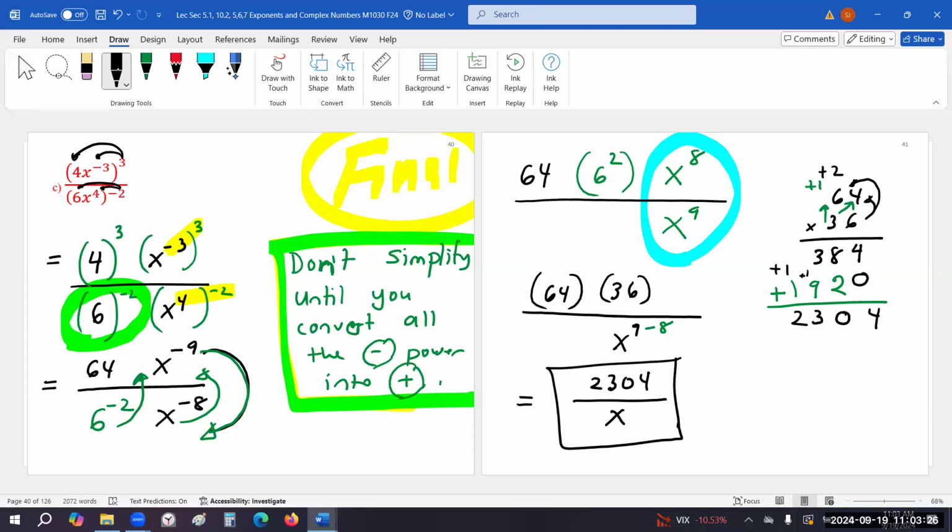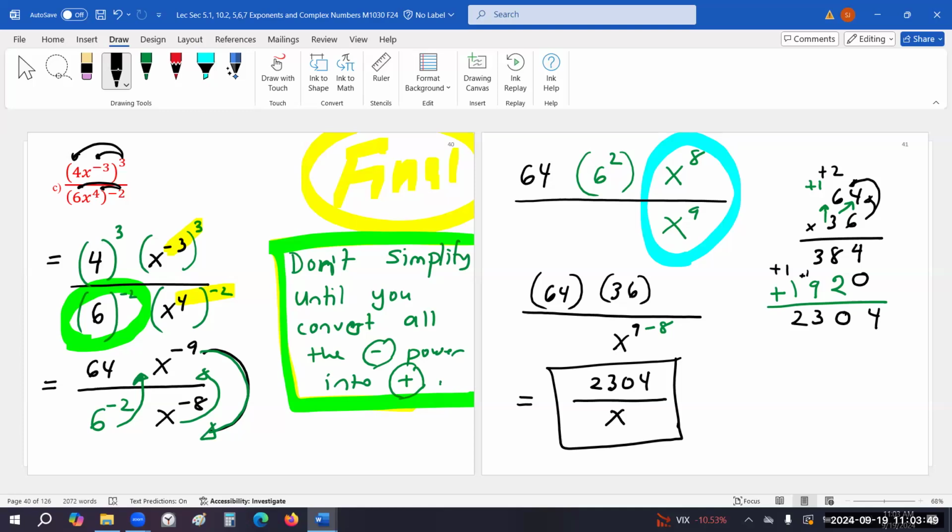So step one, distribute the power. Step two, if you have two powers, combine them. Step three, get rid of the negative problem by switching their positions. And then all you have to do is simplify. Question.